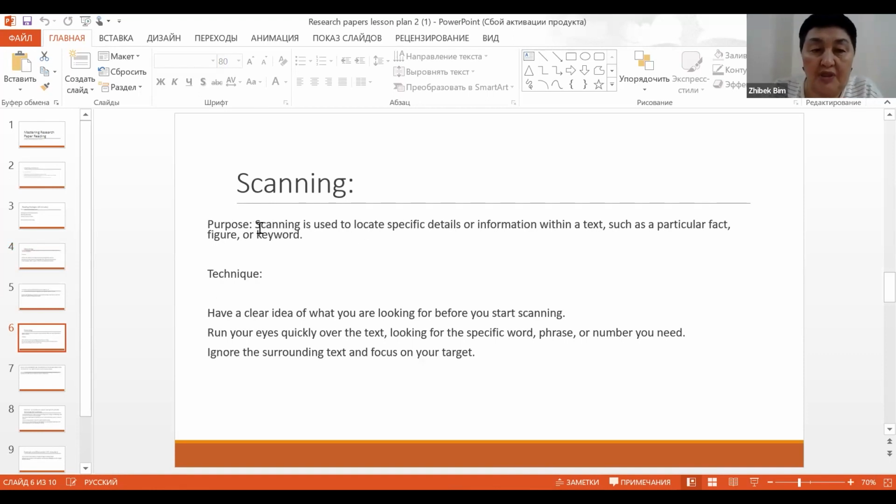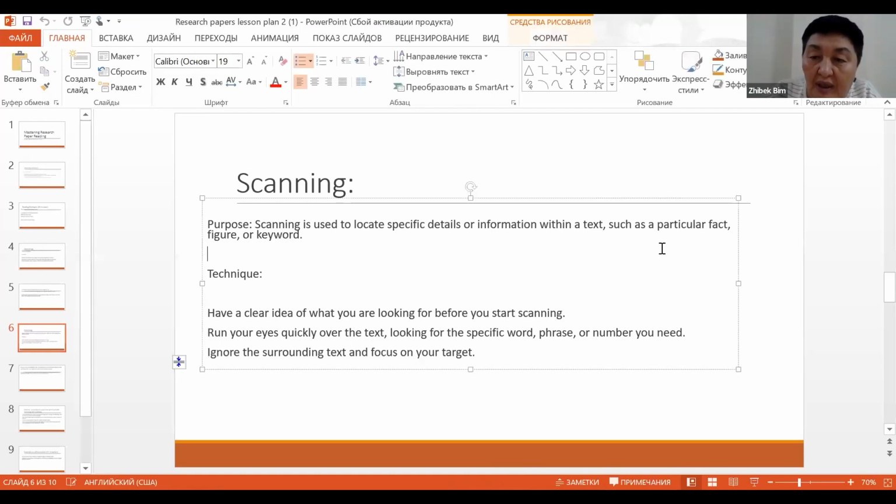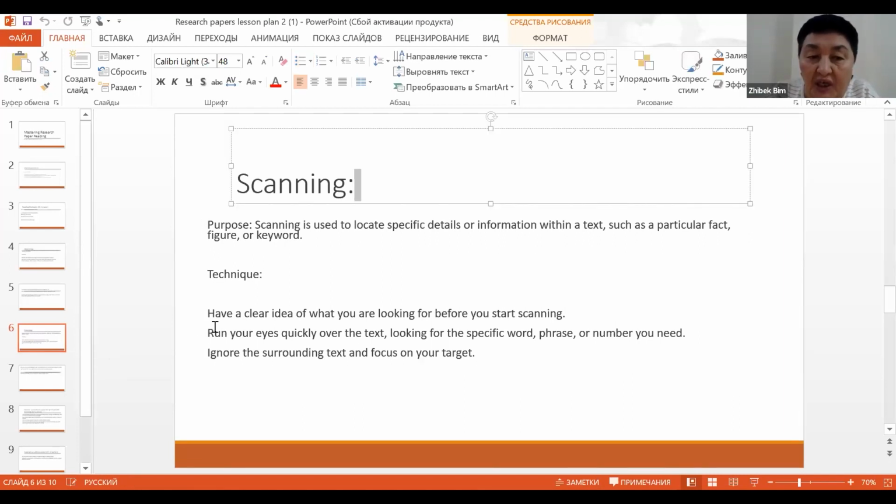What is the purpose of scanning? It is used to locate specific details or information within the text, such as a particular fact, figure, or keyword. As for the technique of scanning, have a clear idea what you are looking for before you start scanning.